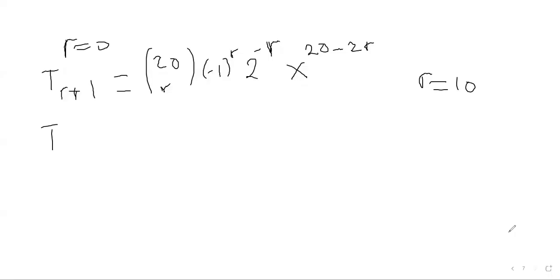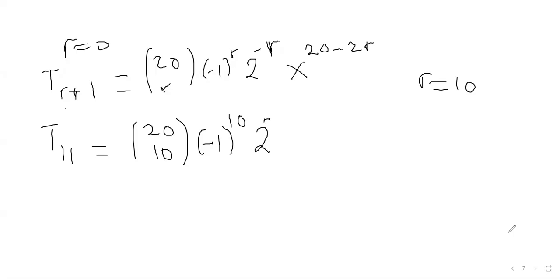So where there is r, put a 10. 10 plus 1 gives us 11, and this is going to be 20 choose 10, and then negative 1 to the power 10, 2 to the power negative 10, x to the power 20 minus 2 times 10, like this.